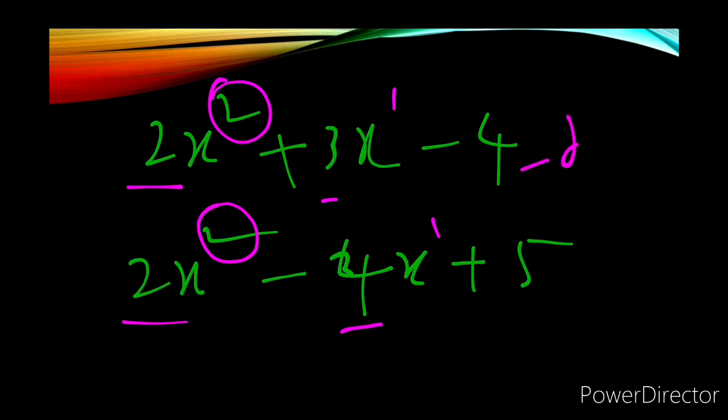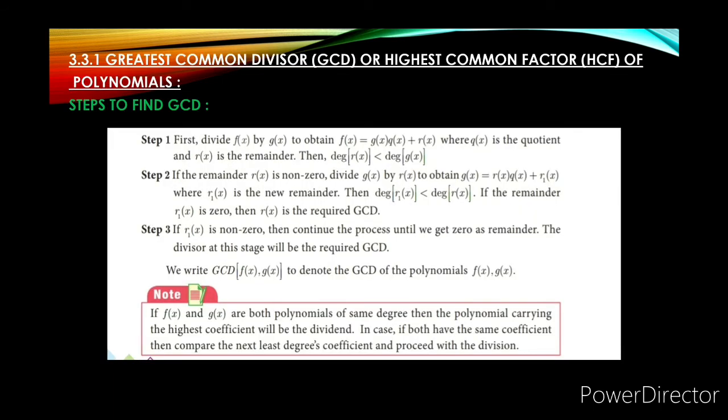So, this is the dividend, and this is the divisor. Do you understand this? Now, come to the point. So, that is why it is given, in case both have the same coefficient, then compare the next least degree coefficient and proceed with the division.